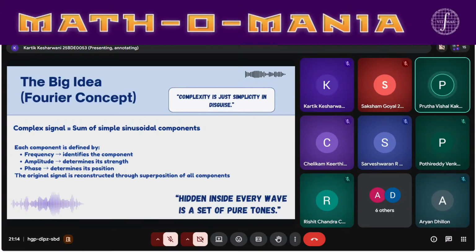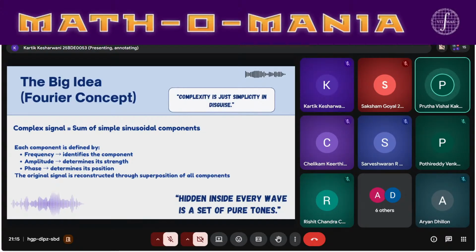If we want to compress data, we can keep only the most important frequency components and discard the rest. If we want to analyze a system, it is often much simpler to do so in the frequency domain. So, Fourier analysis is not just about breaking signals, it's about making them easier to study, understand, and manipulate.